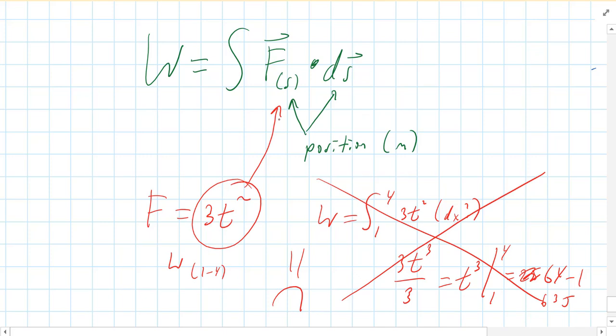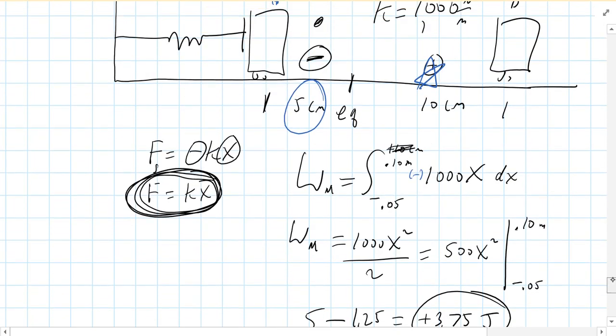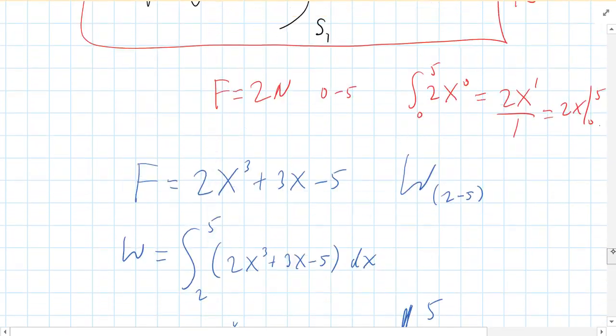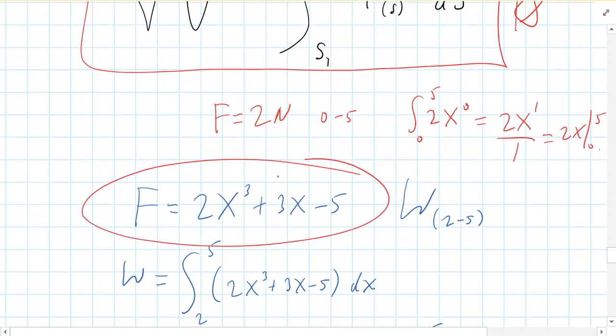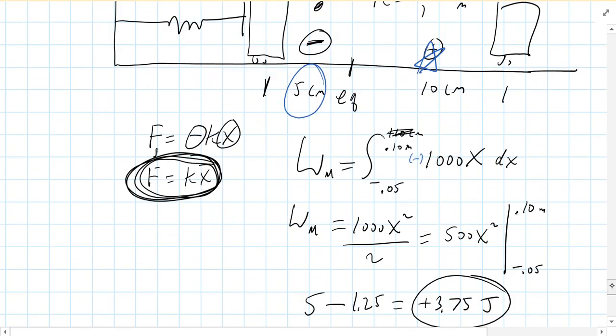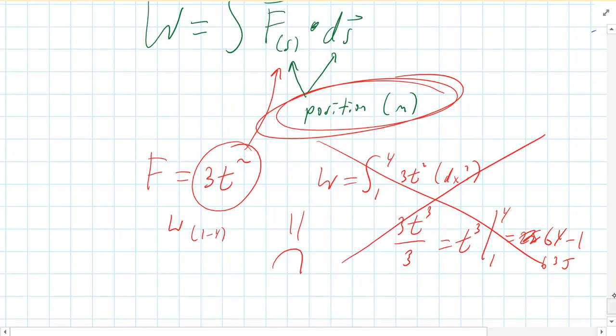So when you find work, the force has to be a function of position, of meters. Our previous force here was F equals negative kx, which was a function of position, so now you can calculate work that way. If they give you a force as a function of time, you're going to have to find some other way to calculate work.